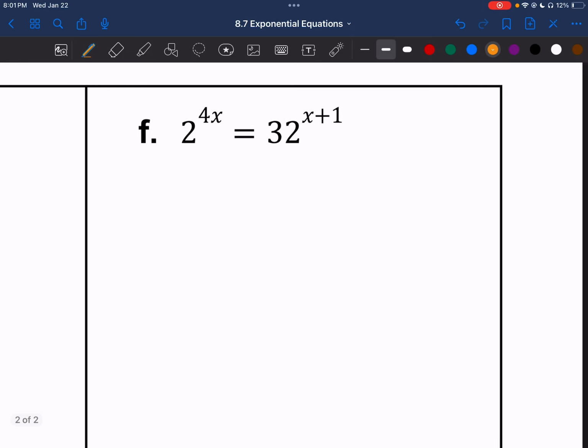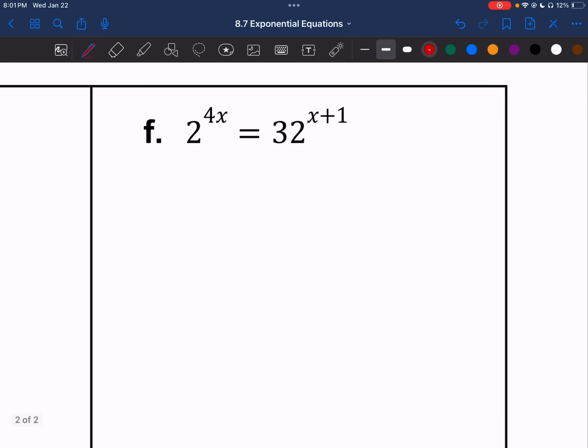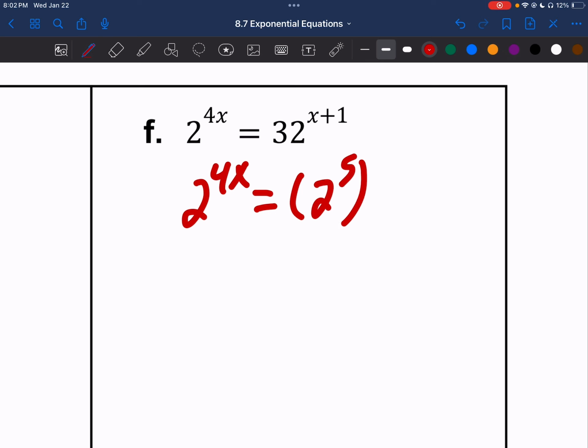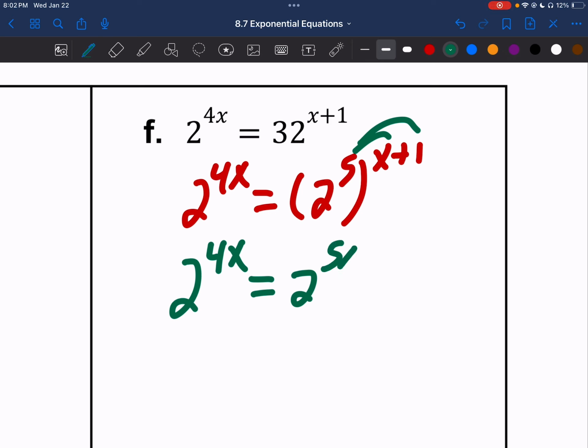All right, now letter F. We've got 2 to the 4x power equals 32. Well, 32, that's 2 to the 5th power. So we have 2 to the 5th to the power of x plus 1. So we have to multiply. So we have 2 to the 4x is equal to 2 to the 5x plus 5.